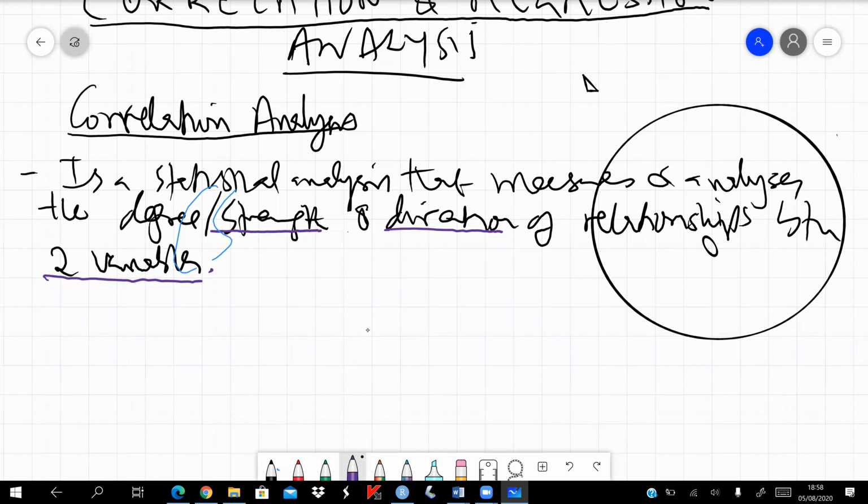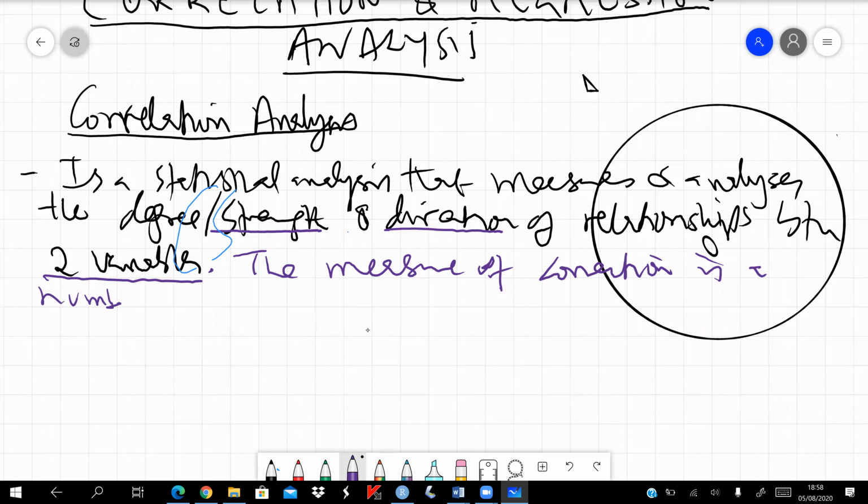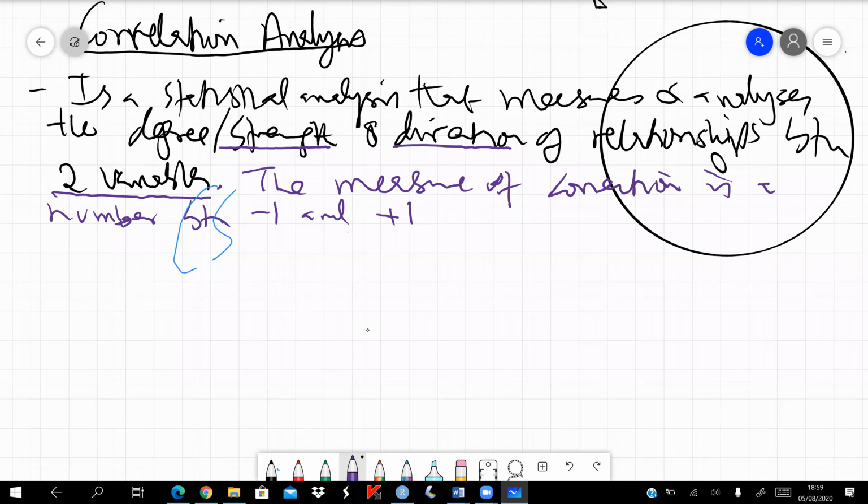So then we say that the measure of correlation is a number between -1 and +1. So I want to use a diagram here to illustrate that. So correlation is a number between -1 and +1.